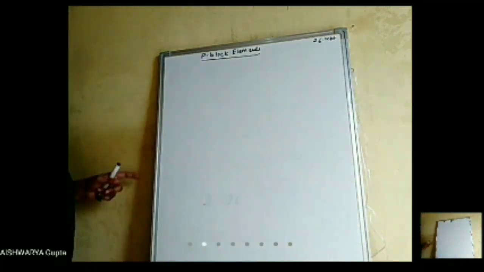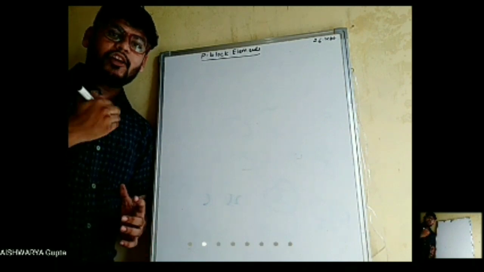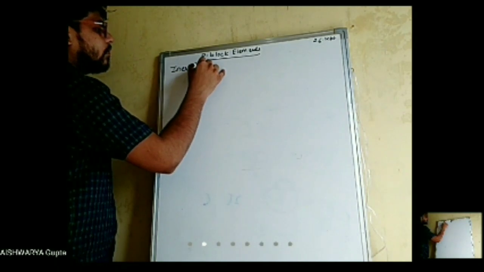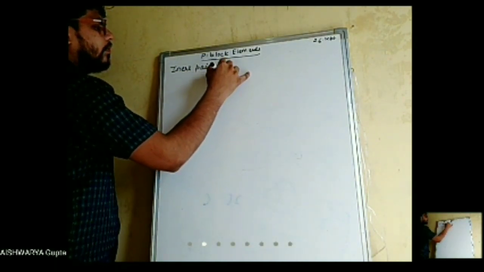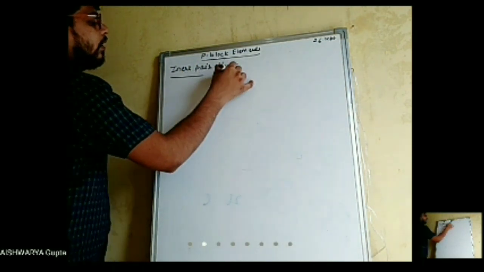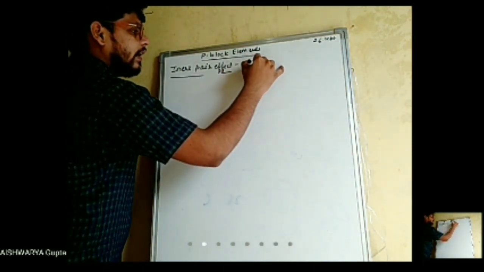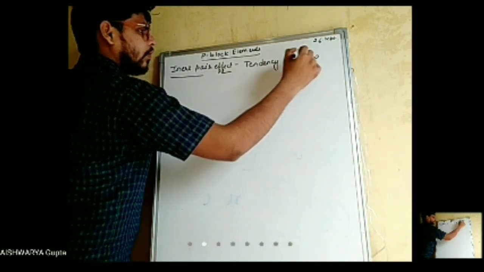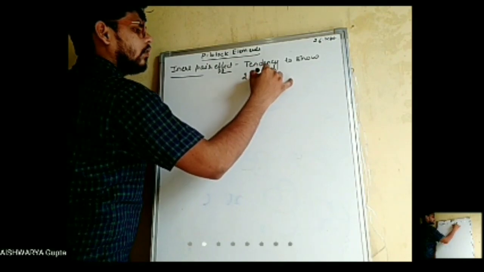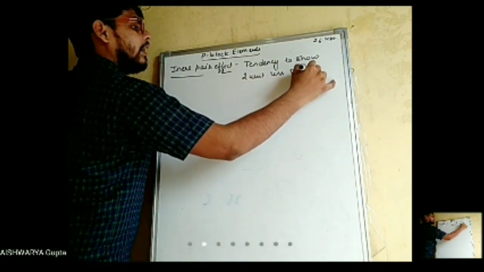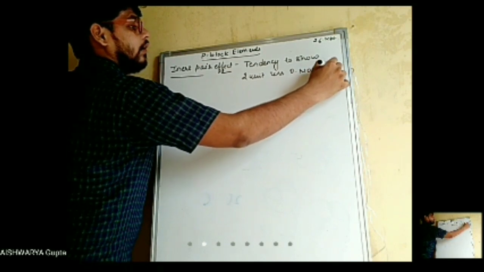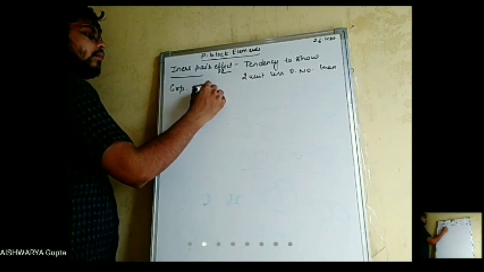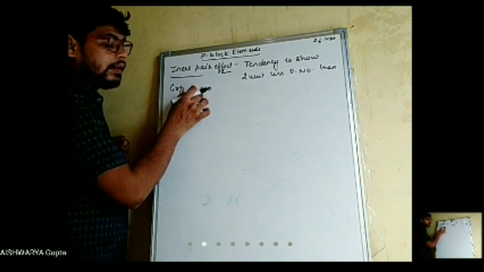First I will write the definition of inert pair effect, then I will explain it in detail. So what is inert pair effect? It is simply the tendency to show an oxidation number 2 units less than the group oxidation number.